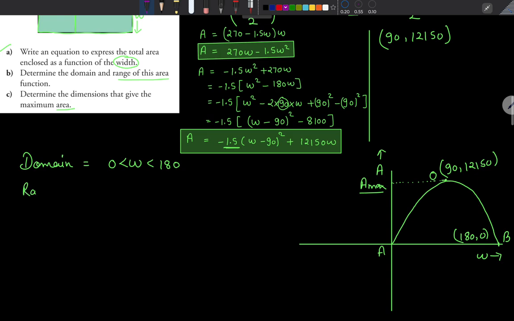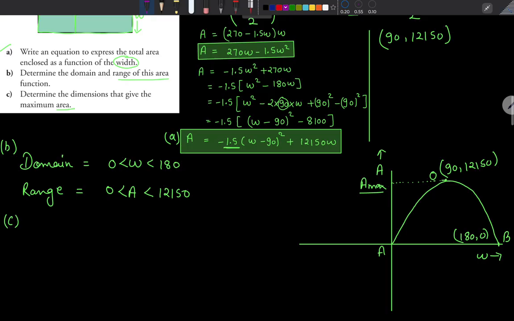The range is for the area, and the area should be less than 12150 and greater than 0, because the maximum area is 12150. So we got the domain and the range of this area function. This was part A, and now let's calculate part C.